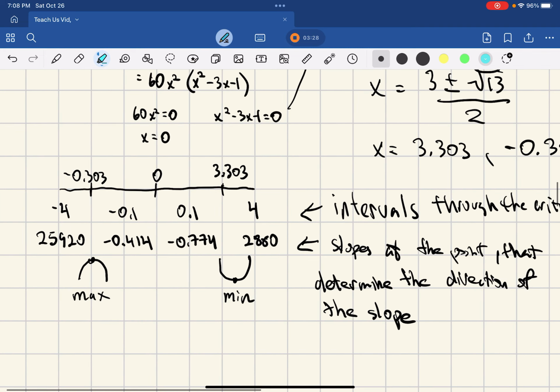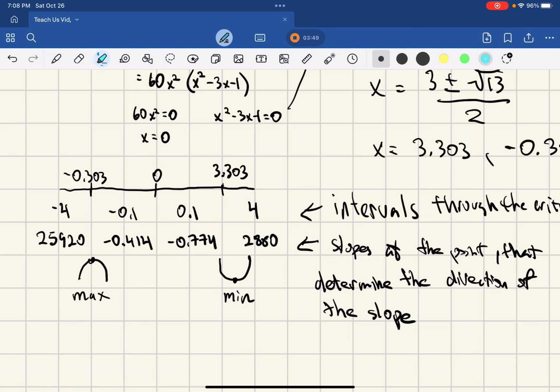So reading the graph from left to right, our slope goes up and then down, and it goes down again because these two negatives are next to each other, and then it goes up.